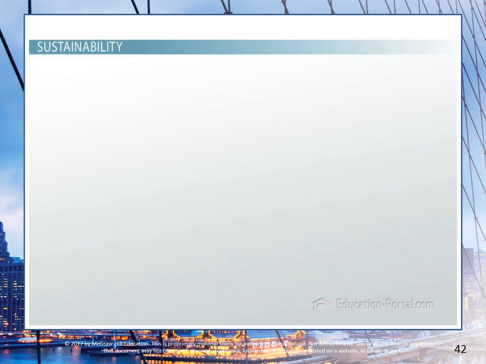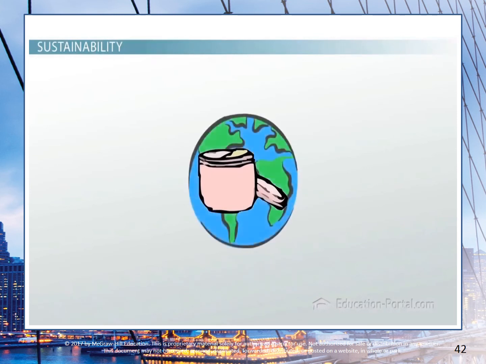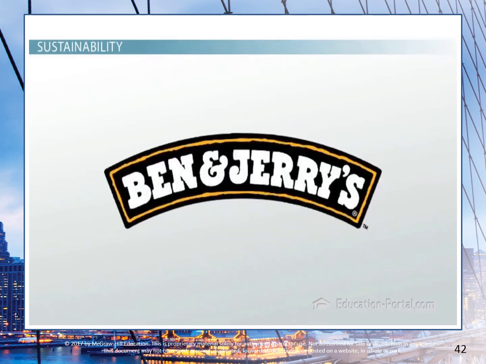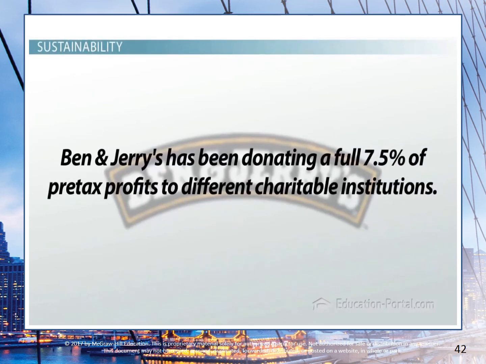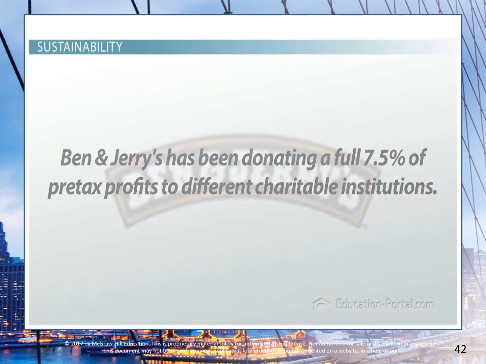Other examples of products made by companies that embrace this philosophy would be makeup creams made from ingredients that are imported from developing countries to help their country's growth. Another example would be ice cream maker Ben & Jerry's, who pride themselves in supporting charities. Ben & Jerry's has been donating a full 7.5% of pre-tax profits to different charitable institutions.